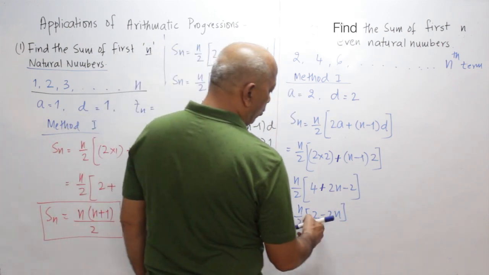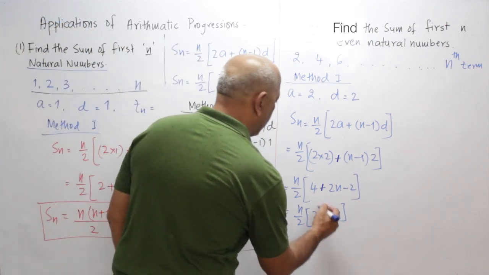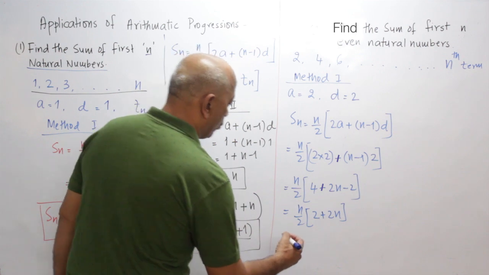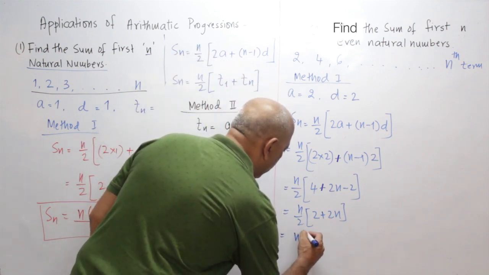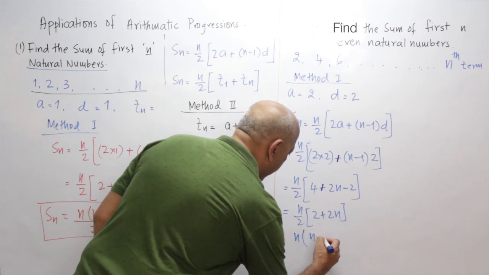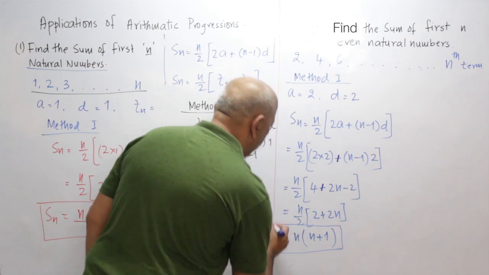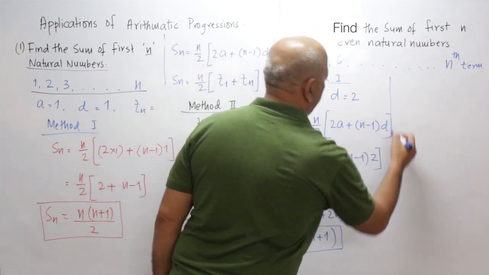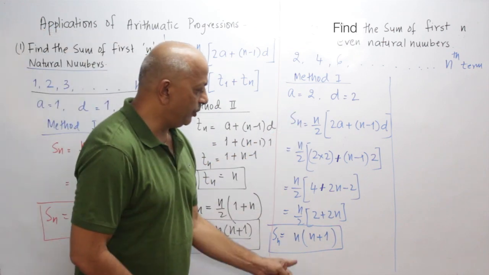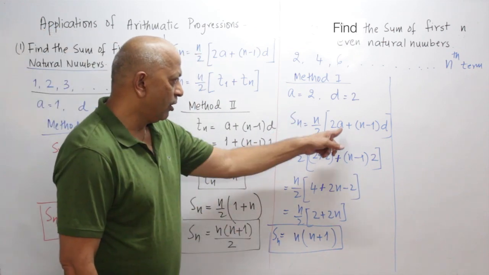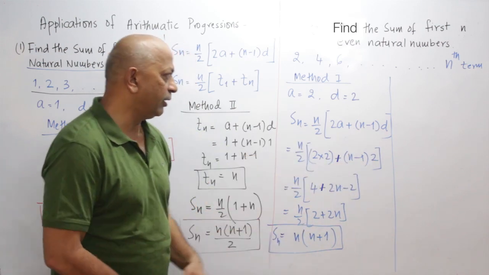If I divide the whole inside by 2, we'll get n into bracket n plus 1. So that is the sum, and that is the first method. You can understand from here: n minus 1 d means 2, apply the values, and we got the answer.